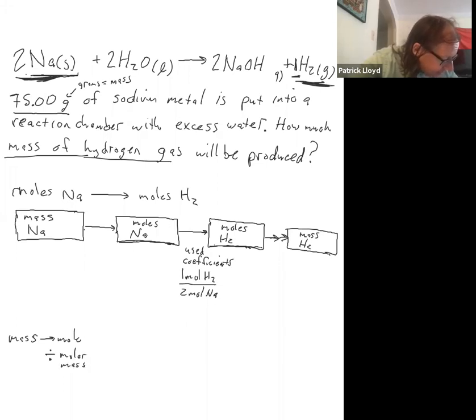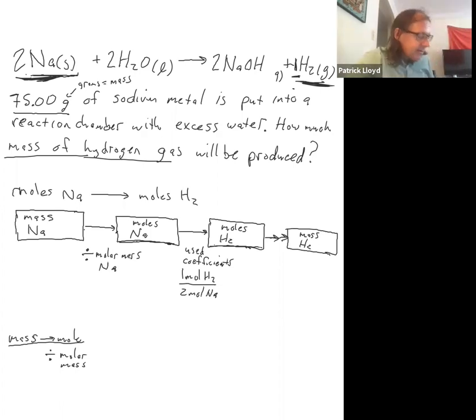You divide by the molar mass. So for this step, you divide by the molar mass of sodium. I'm going to go through it in a moment, and we'll go through the dimensional analysis, but that's essentially what we learned in 3.4. And then this last step, how do you go from the moles of a substance to the mass of a substance? This is not He, by the way, this is H2.